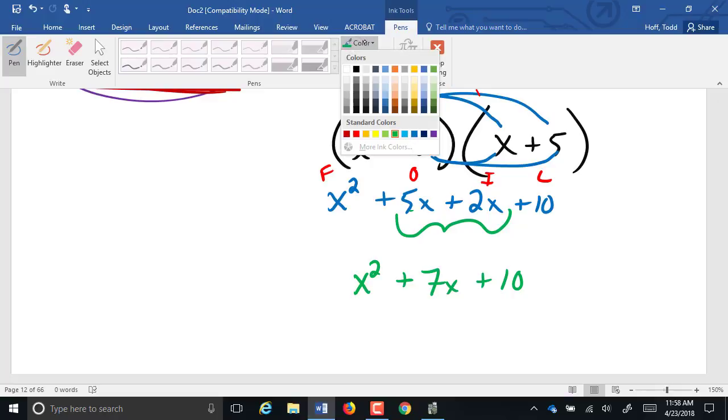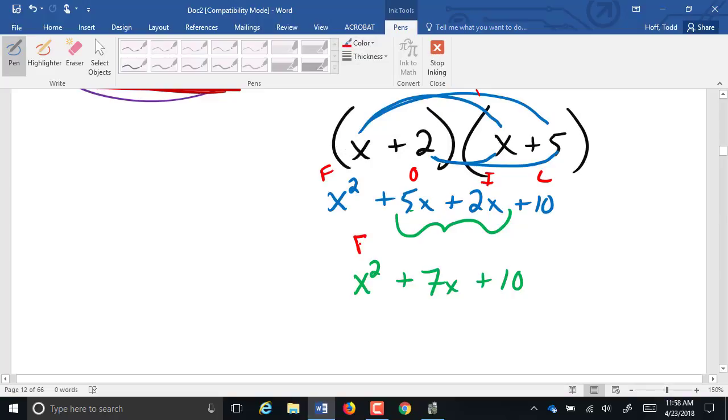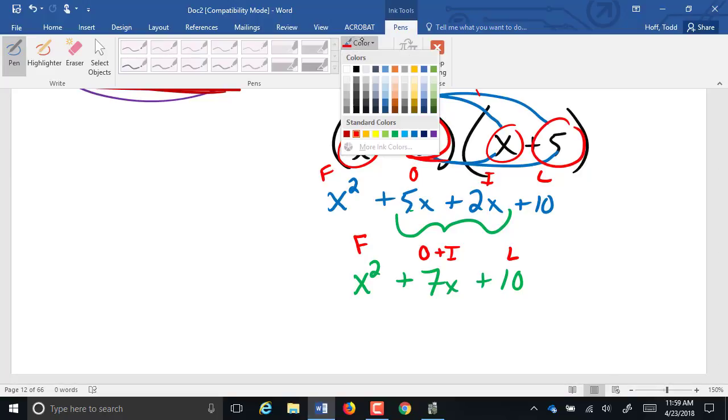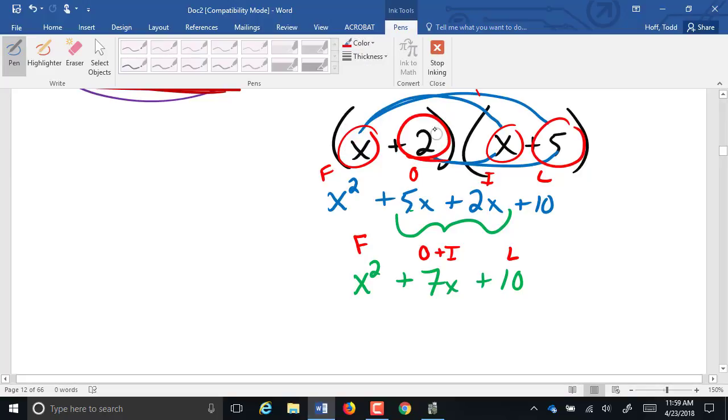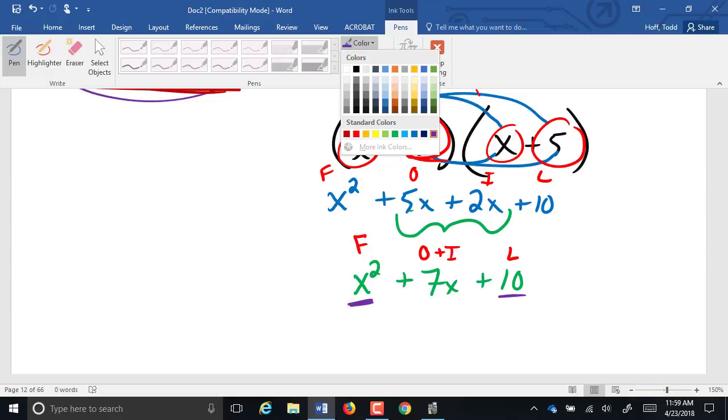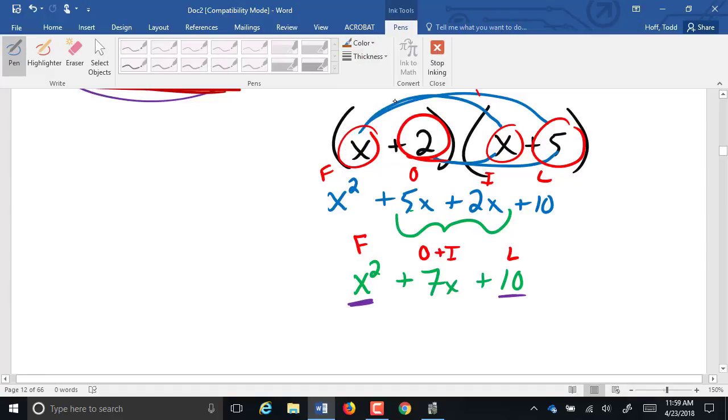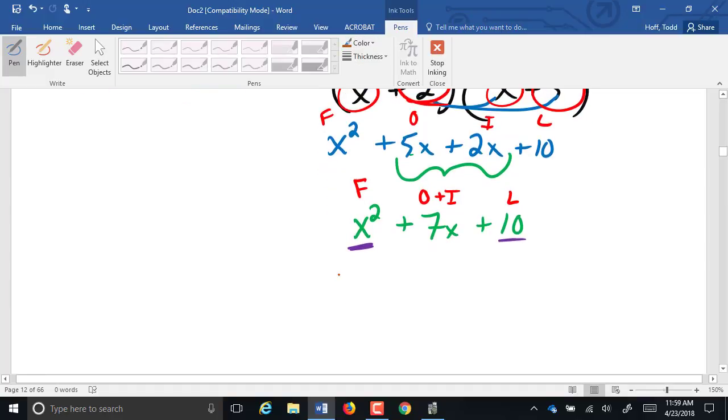Well, as we look at this, we realize that the X squared is from the first digits, the F. The 7X, that's from the outside and the inside. We'll come back to that. And the 10 is from the last digits. So if I were going to factor that, I would start with this X squared and with the 10. I know if I were going to split this back up, it's a 3-digit number or trinomial.